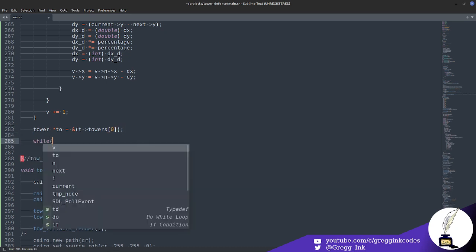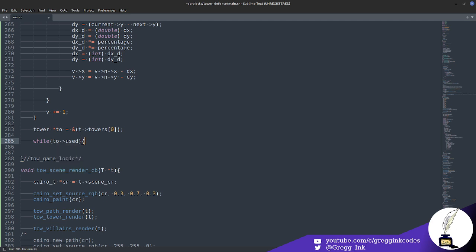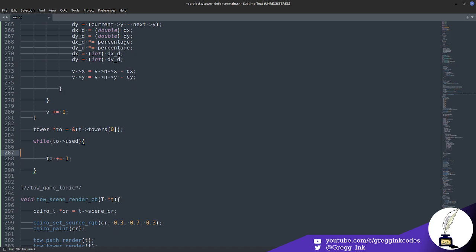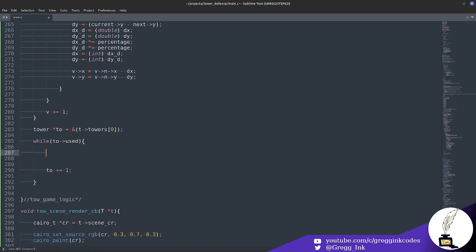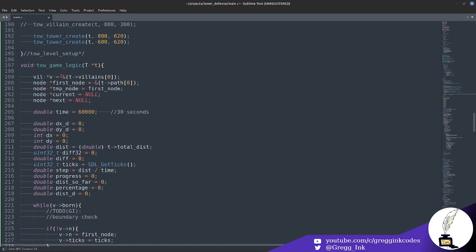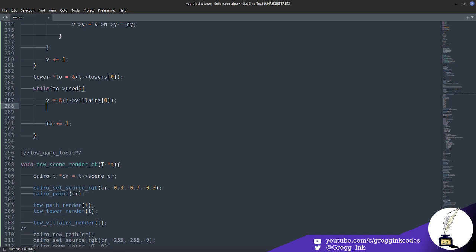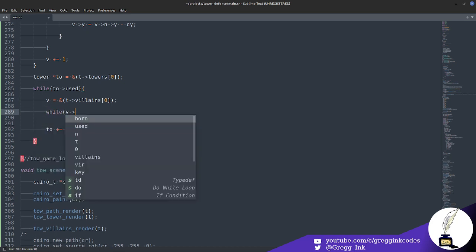Okay, while TO used, TO plus equal 1. Then V equals... and yeah, it's quite important I figure out where the villains are first within the frame, or just before the frame is drawn.